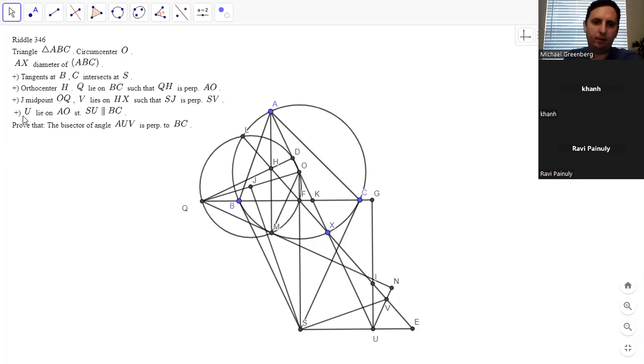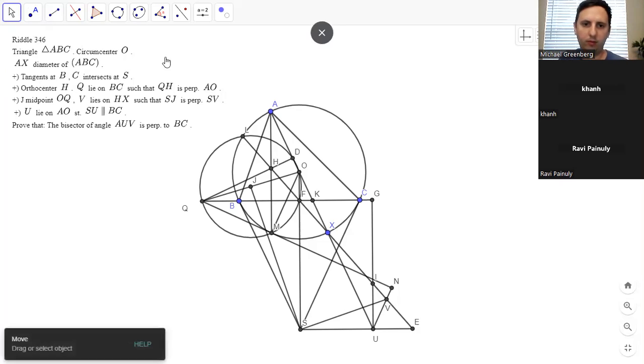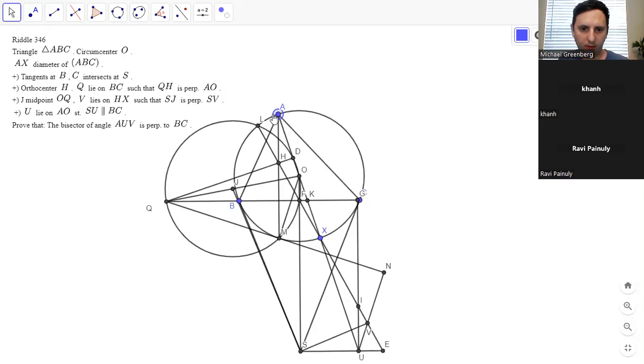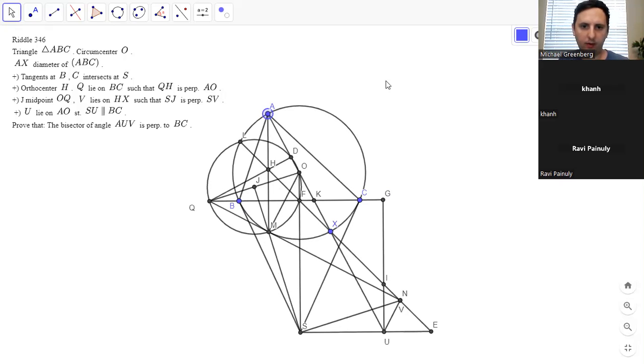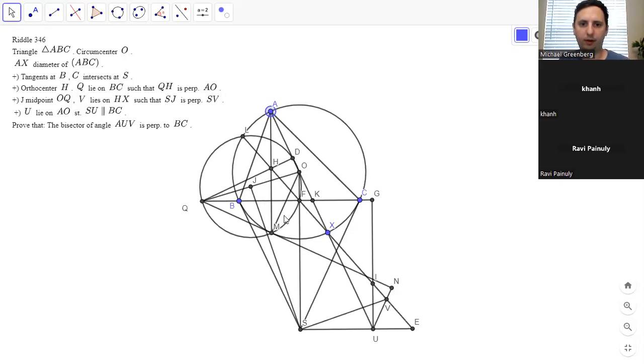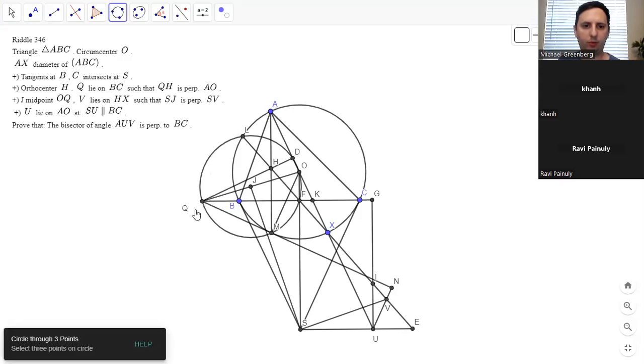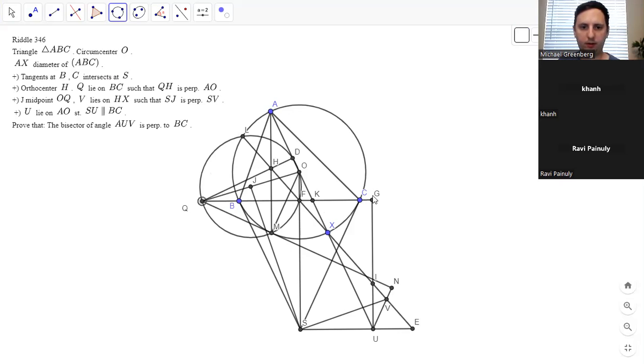Is QM tangent to the circle ABC? Is that obvious? I think it's obvious, right? Because it's a right angle. So it's kind of the same as showing that this is cyclic.